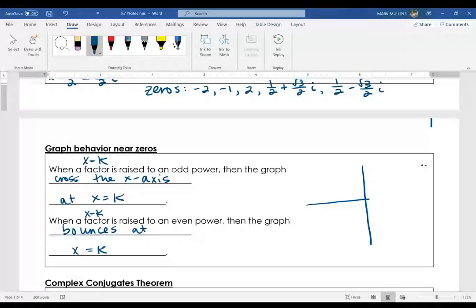So here's my axes. So let's say I have an odd power, and then I'm going to cross. So crossing would look like this. Bouncing is when I go back and I just touch that x-axis and I come back up. So this is a cross. And again, that's when we have a factor raised to an odd power, or just the first power, right?